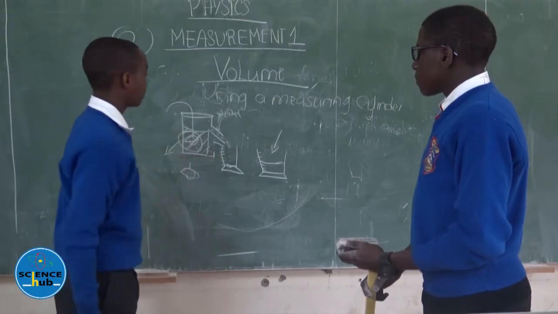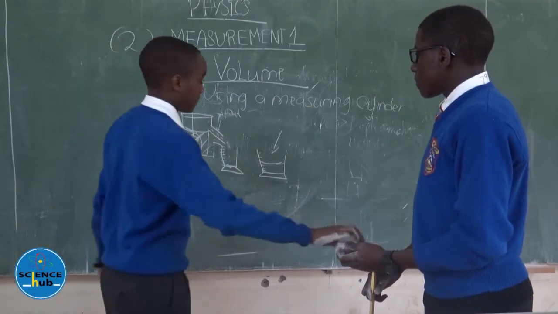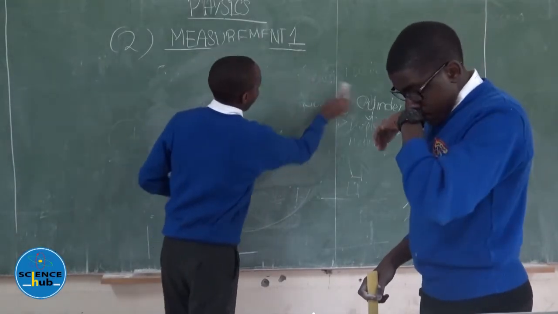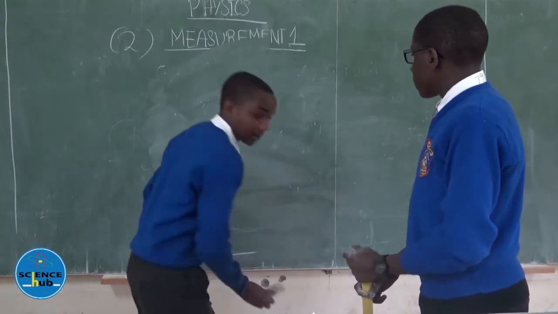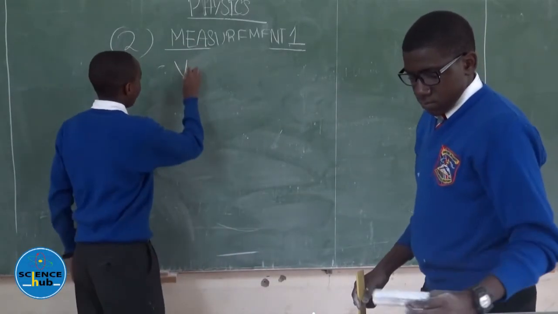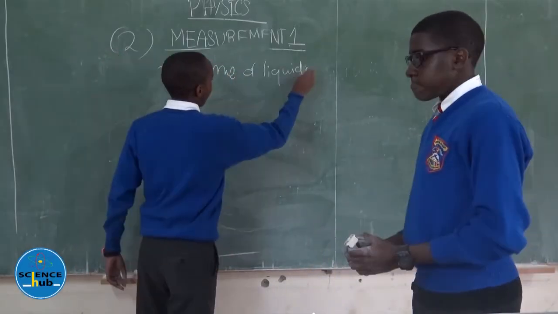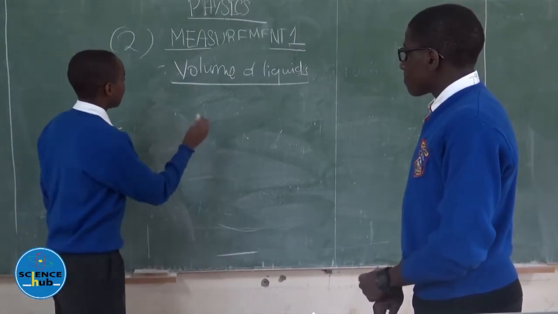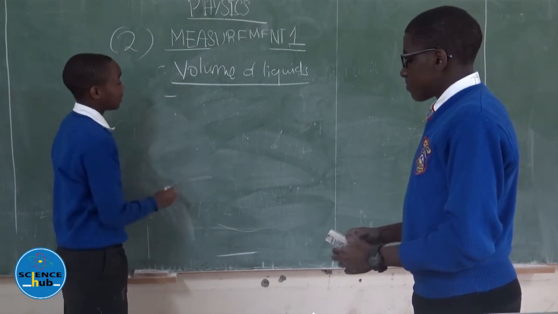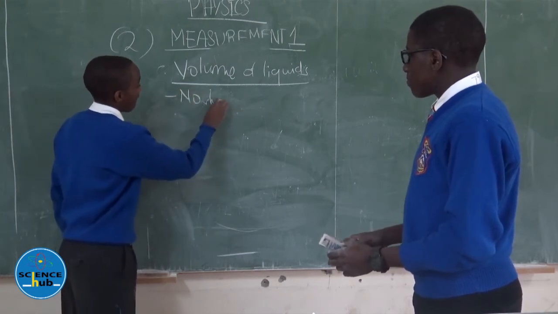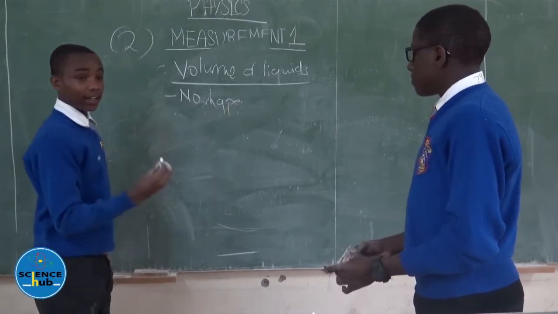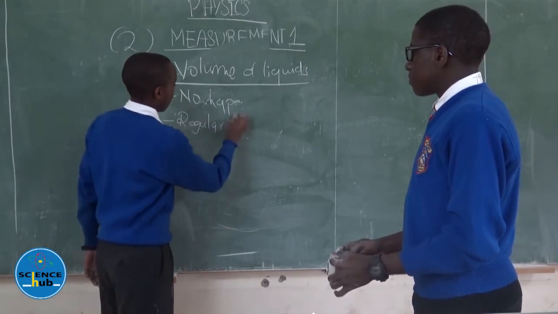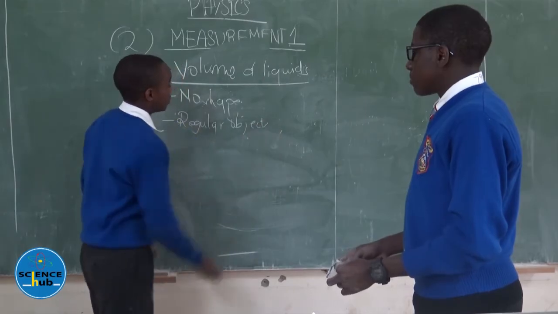We can now move on to the volume of liquids. Since liquids don't have a definite shape, we will use regularly shaped containers to measure their volume.